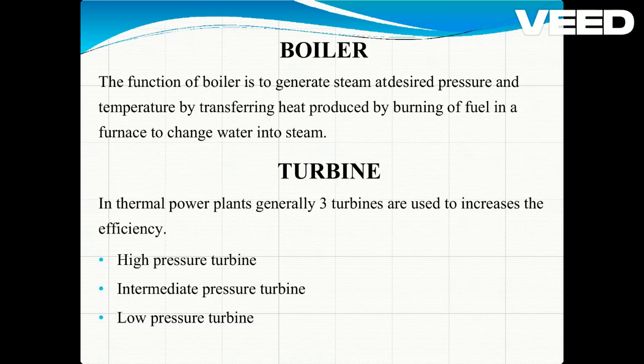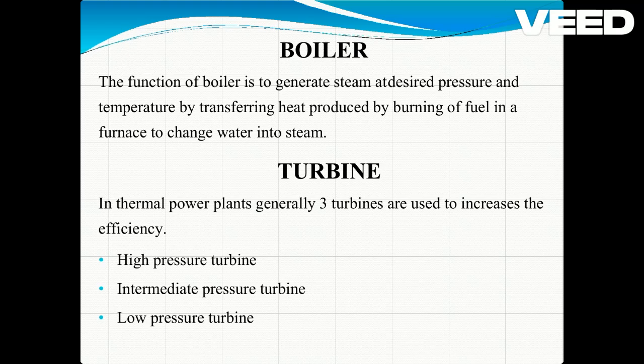Then the next, the third, is the boiler. The function of the boiler is to generate steam at the desired pressure and temperature by transferring the heat produced by burning the fuel in the furnace to change the water into steam. Then the steam produced by conversion of water is applied to the turbine.